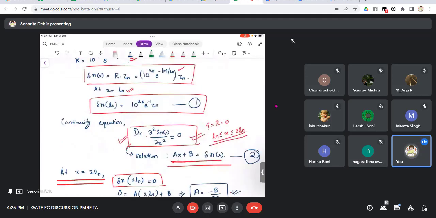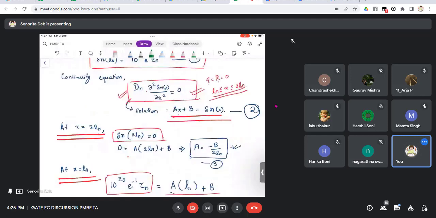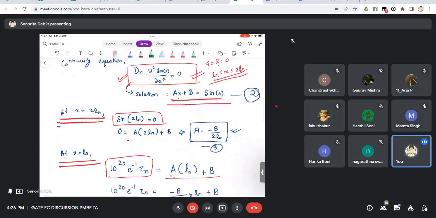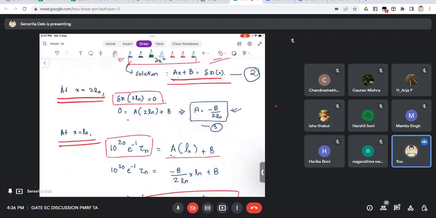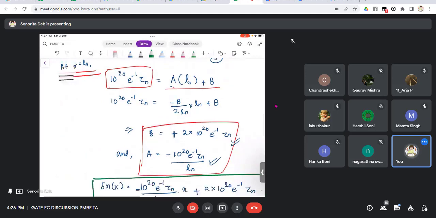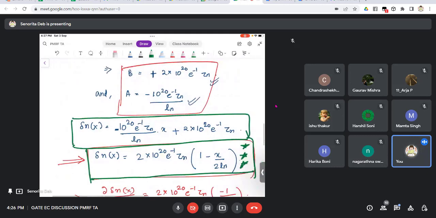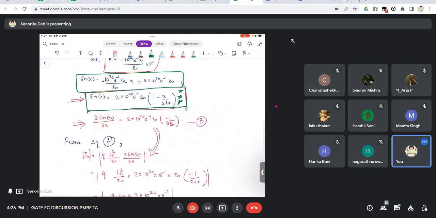Continuity equation is given. From here we know that this kind of equation has the solution ax plus b equals to delta n(x). Now at x equals to 2 Ln, what is going to come? That is there. And then at x equals to Ln, what is going to come? That is also there. Now from here we will finally arrive at values of a and b, and we will have the final equation of delta n(x), right?